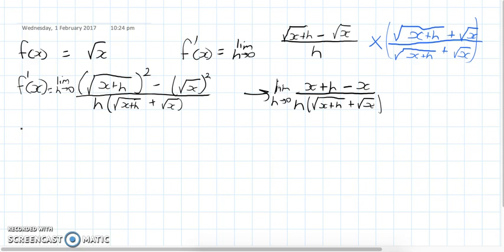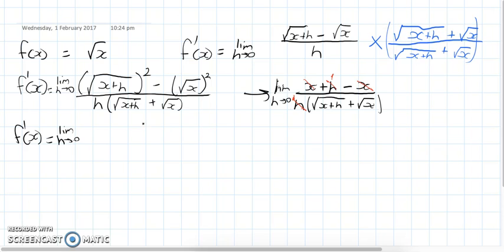Alright, let's keep working. f dash x, limit as h tends towards 0. We can see quite clearly that x minus x is going to equal 0, and h divided by h is going to equal 1.